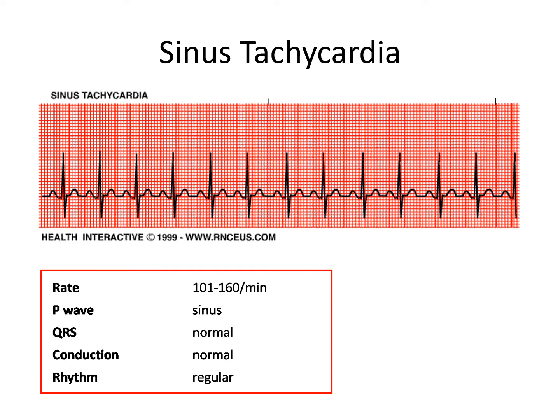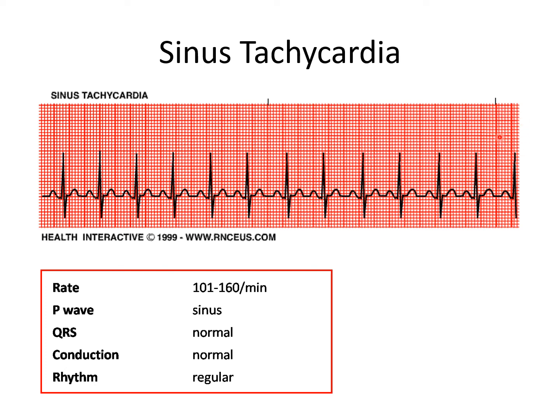Moving on to our next rhythm, sinus tachycardia. Again, a quick glance at the top of the strip shows us that we probably have a 6-second strip, so we can interpret it. The next step is going to be to count the R's, QRS complexes: 1, 2, 3, 4, 5, 6, 7, 8, 9, 10, 11, 12.